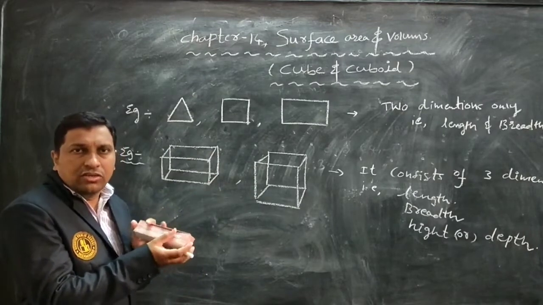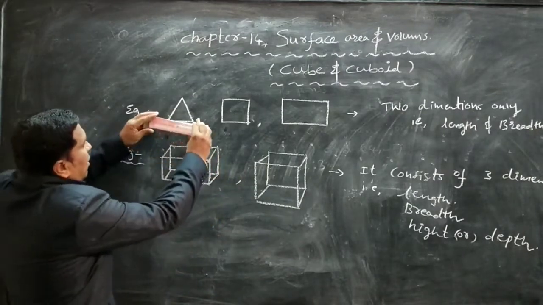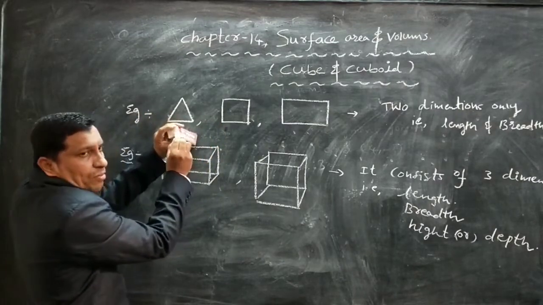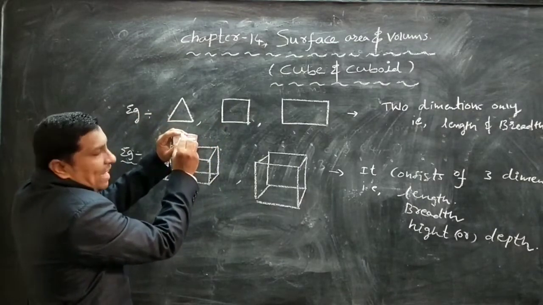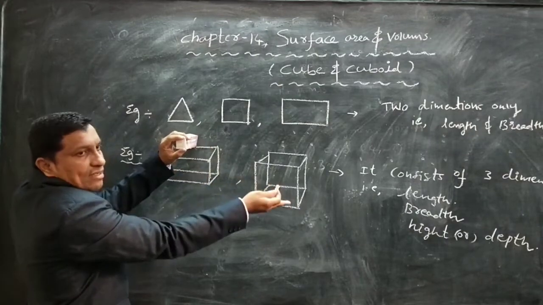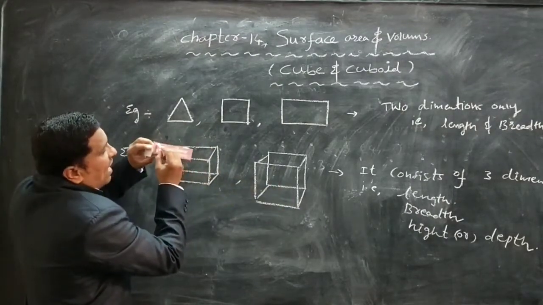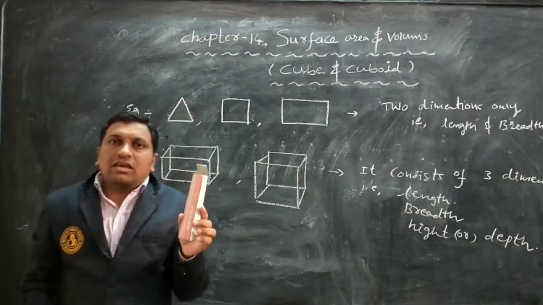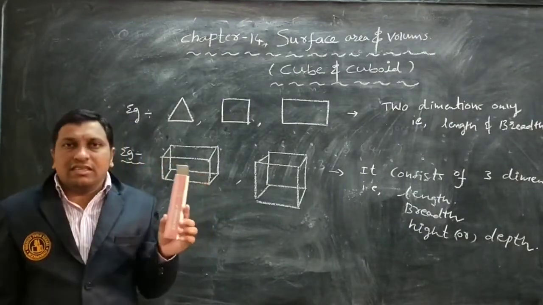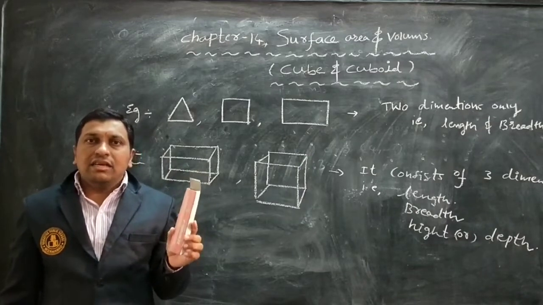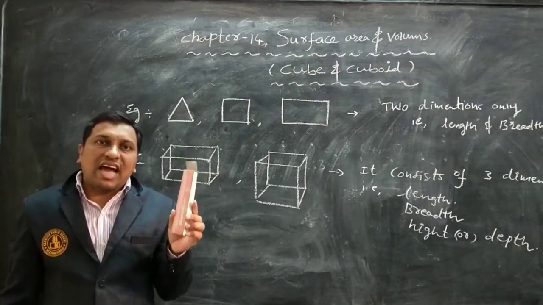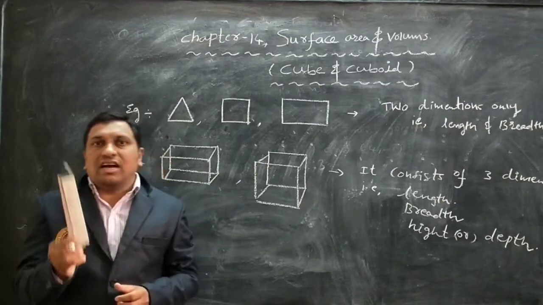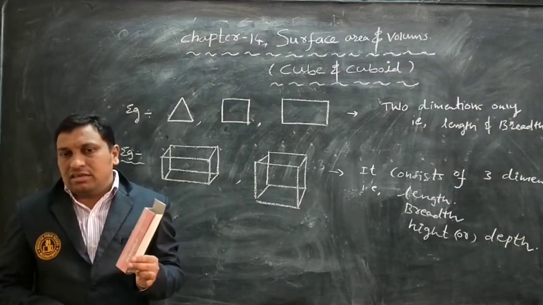We have to check. First one is length. First dimension is completed. Second one is breadth. Second dimension is also completed. Third one is height. So this toothpaste box consists of three dimensions, that is length, breadth as well as height or depth. So this toothpaste box is called a three-dimensional figure.